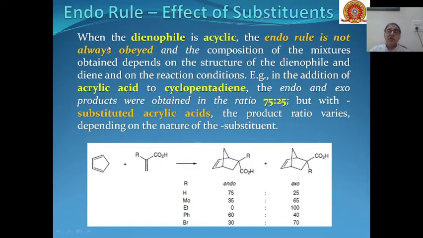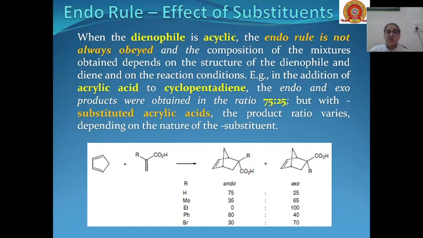Then when the dienophile is acyclic, the endo rule is not always obeyed, and the composition of the mixture obtained depends on the structure of the dienophile and diene and on the reaction conditions. For example, in this case, this is cyclopentadiene and this is acrylic acid, where R may be hydrogen, then it is acrylic acid, and as we substitute this then we will get substituted acrylic acid.